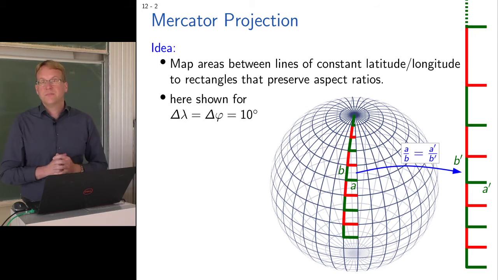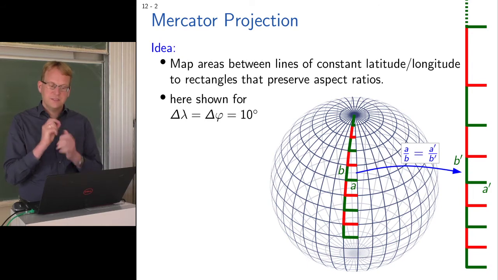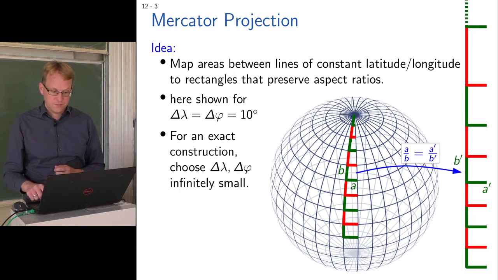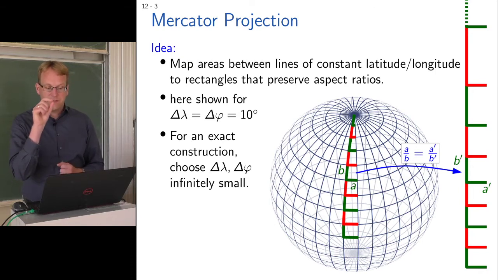Of course, that is impossible to do manually with infinitely small surface elements, but it can be done analytically, mathematically. And that is precisely what we will do in a minute. So the more mathematical approach will follow soon. If we do this construction for infinitely small delta lambda and delta phi, then we will get the correct Mercator projection.